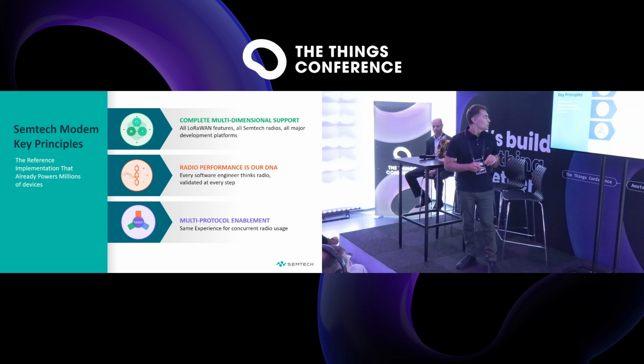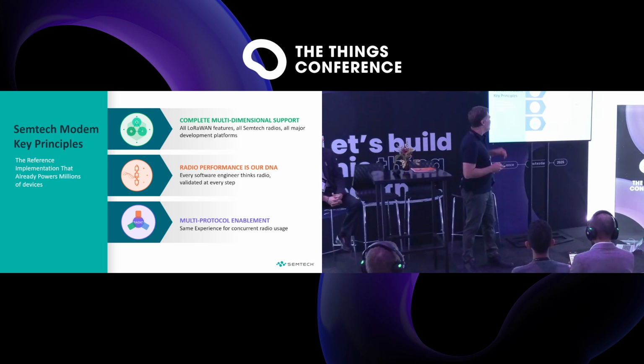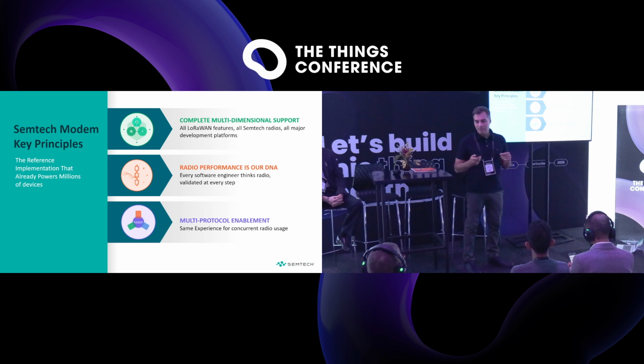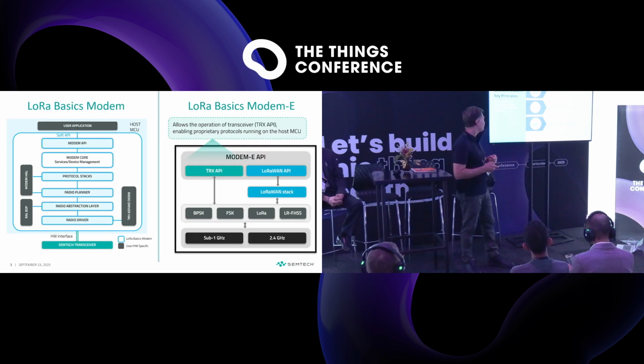Okay. So, of course, it already powers millions of devices, and we see a lot of traction for the stack, so it's becoming more and more the reference implementation for LoRaWAN. There are two types of LoRaWAN modems.